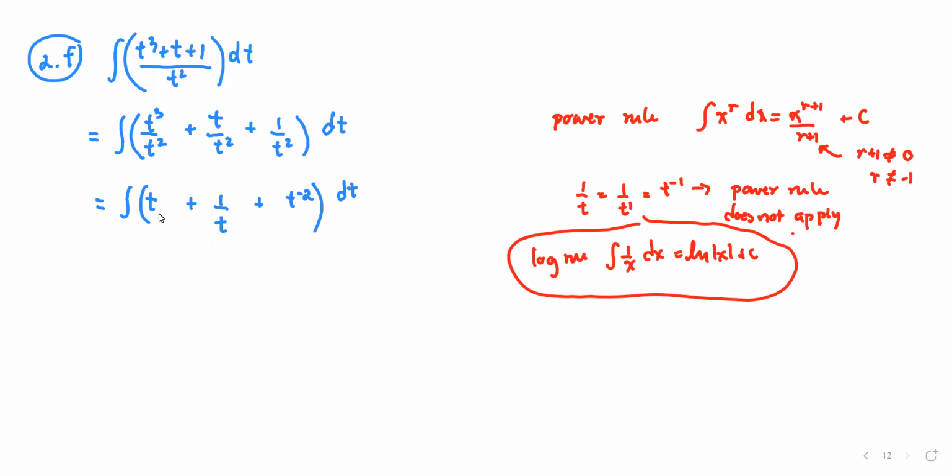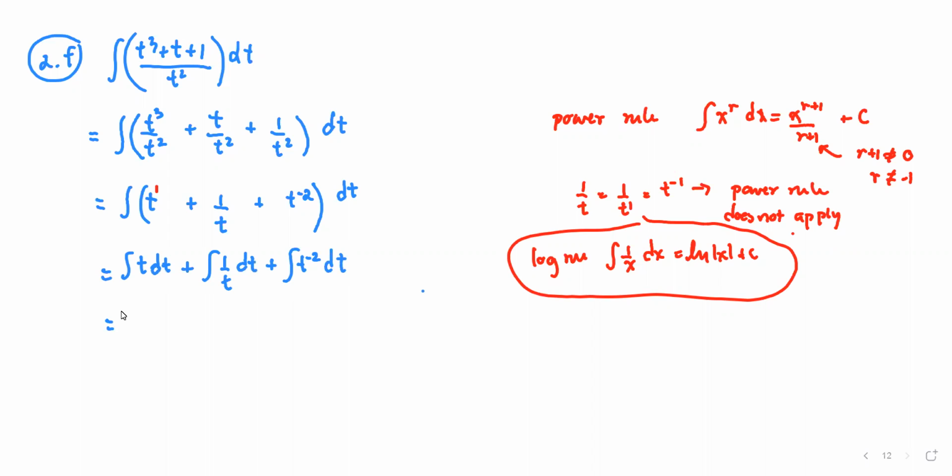Okay, we have 3 terms. The first is t to the first power. The second is 1 over t. The third is t to the negative second. We can treat this as 3 integrations: the integral of t dt plus the integral of 1 over t dt plus the integral of t to the negative second dt.